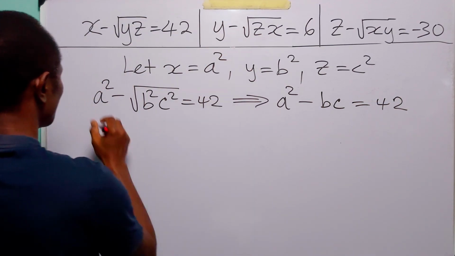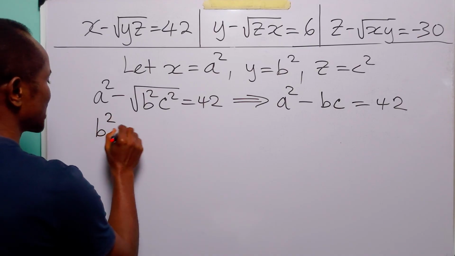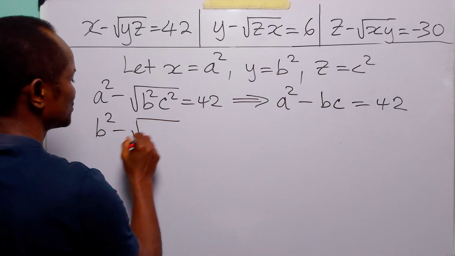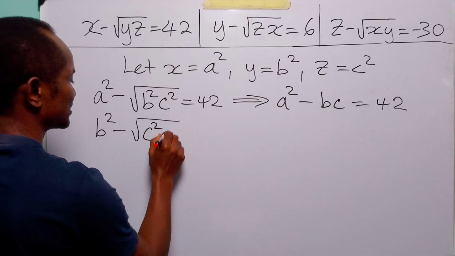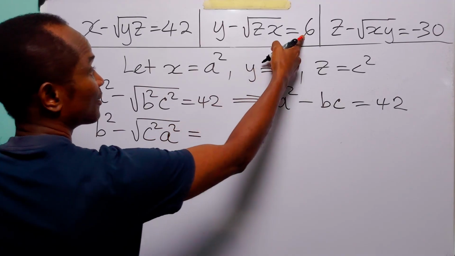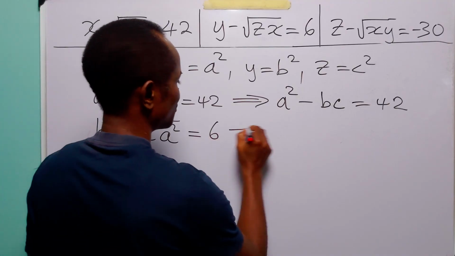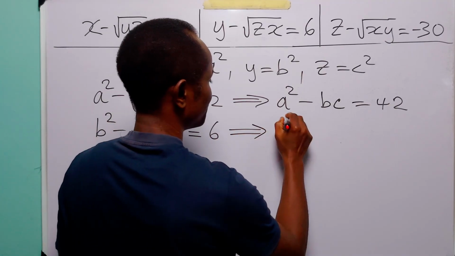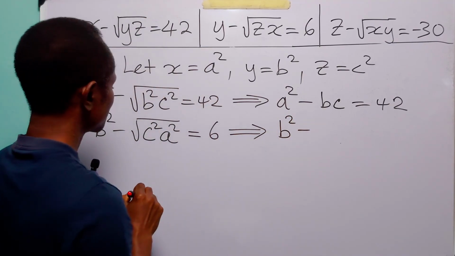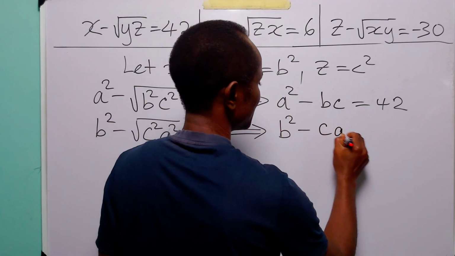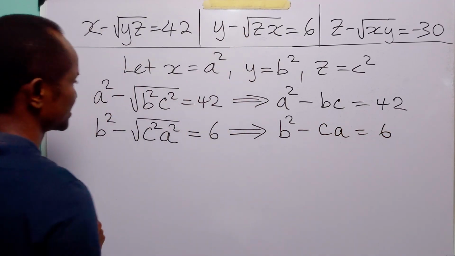From the second equation, we have b squared minus the square root of c squared times a squared is equal to 6. Once more, from this equation, we have b squared minus ca is equal to 6.